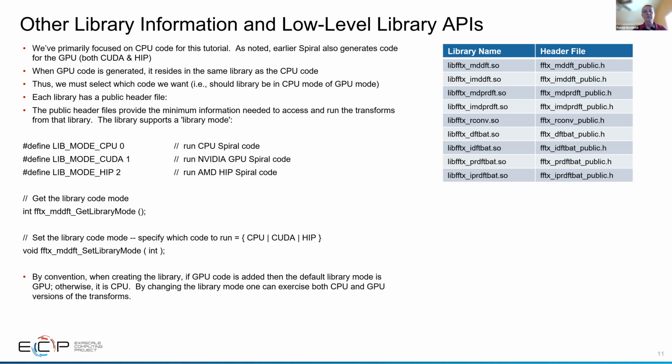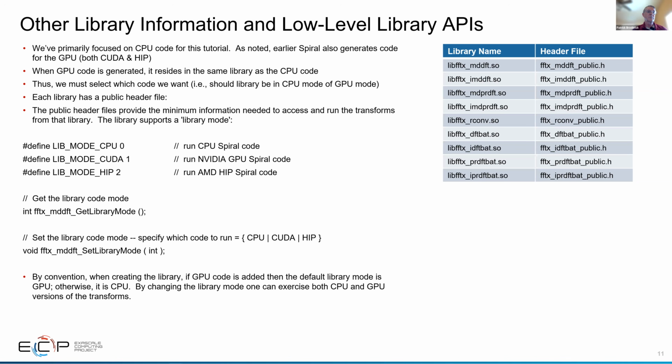Because if you're going to call code and execute something on the GPU, you need to make sure that your input and output data is allocated and written to the GPU and then copied back to the CPU for the output later to work with and analyze it.